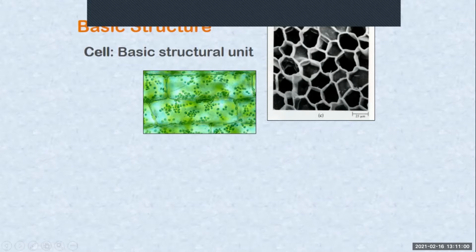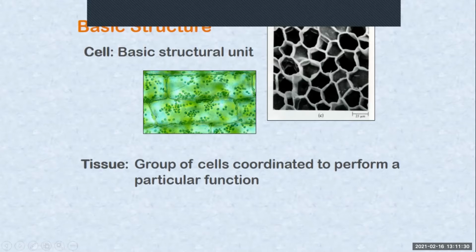So here are some cork cells that you might see in a piece of cork. And here are some of the chloroplasts within the leaf tissue. You have a leaf cell here containing these little green chloroplasts, which are little organelles that allow for photosynthesis.